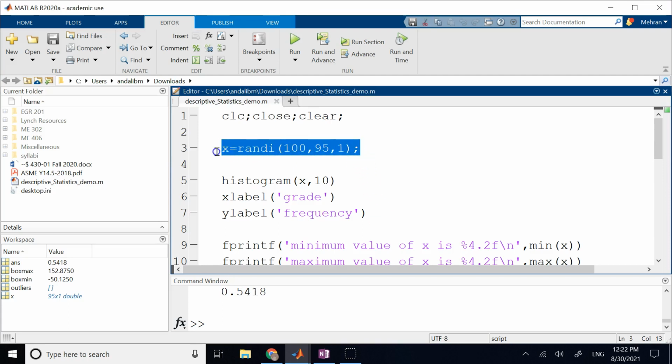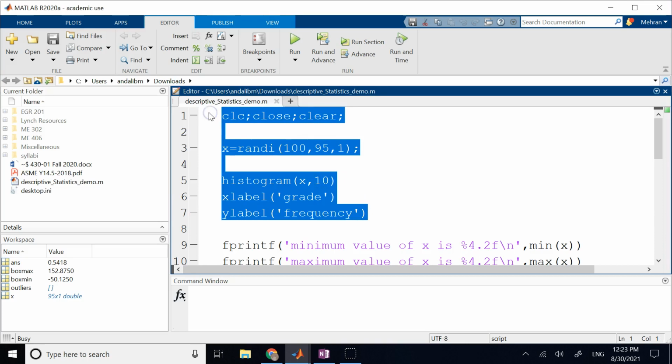Here I'm just getting some random data from MATLAB, but in real life, these come from actual physical data. So here is your sample, and you can draw the histogram of the sample by just passing the number of bins to the histogram command in MATLAB. You can also pass the ranges of the bins, so the min and the max of each bin, if you don't want the bins to all be the same size.